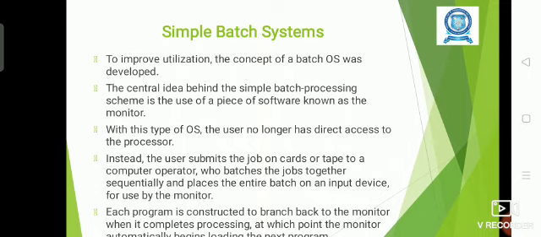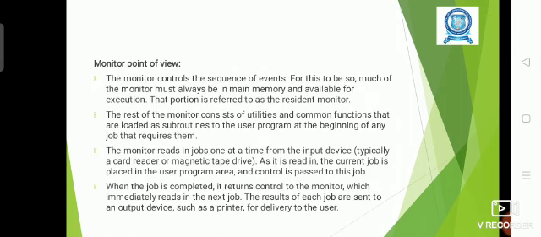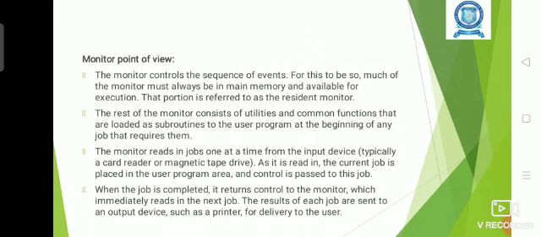Each program is constructed to branch back to the monitor, and the monitor will take the necessary time to complete the batch of jobs. The monitor controls the sequence of events. The monitor will be in the main memory, and it will use some memory for the execution.